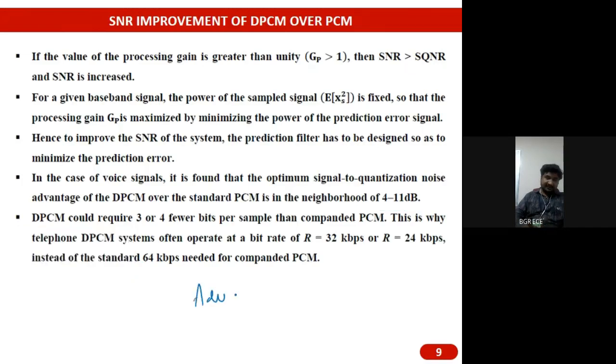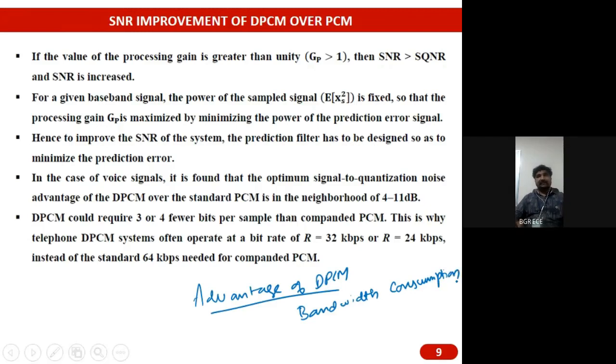The advantage of the DPCM system is that it is a bandwidth conservation scheme, hence it requires very little data rate to transmit per second.